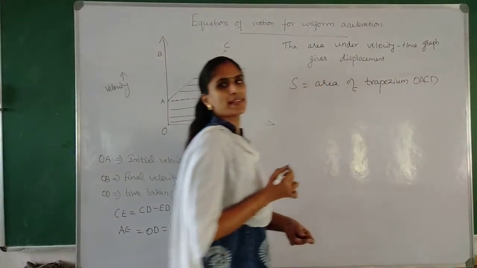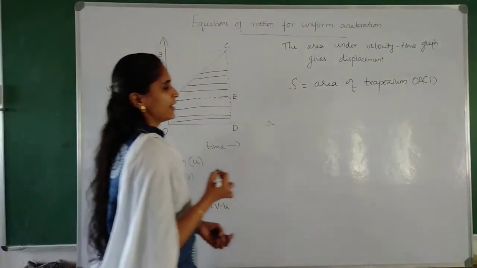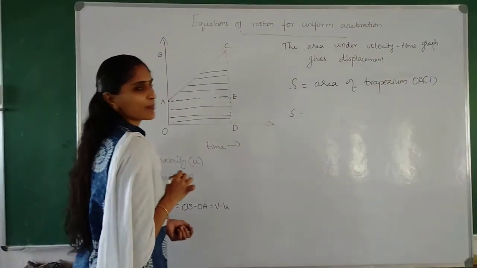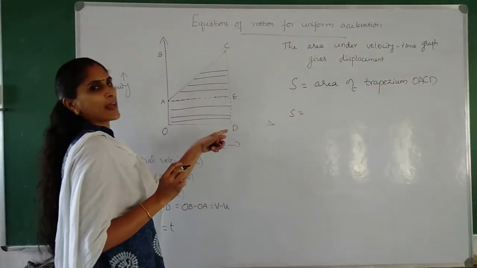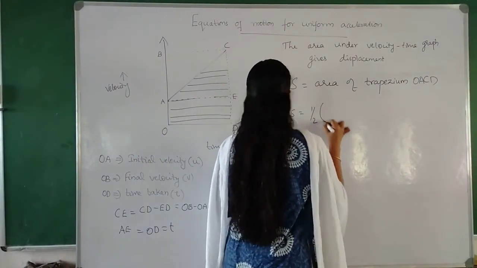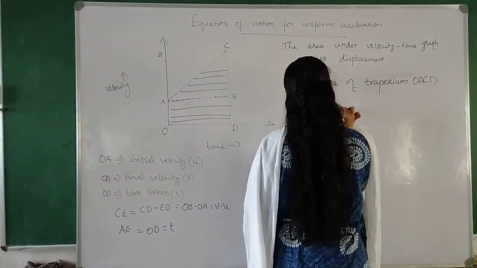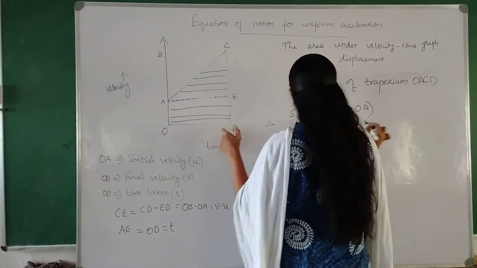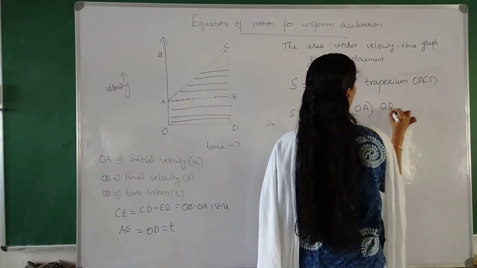And what is the formula to find area of trapezium? Half into sum of parallel sides into height. So we can write half into CD plus OA, they are the parallel sides, and height can be written as OB.